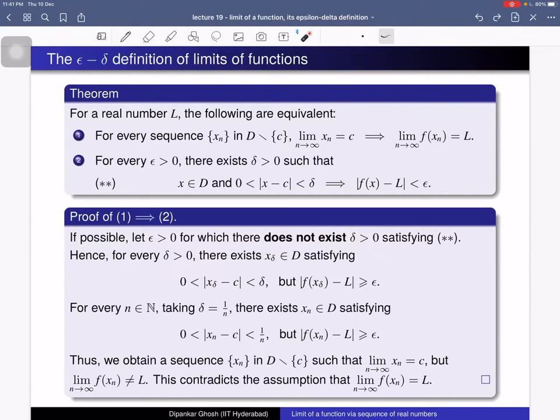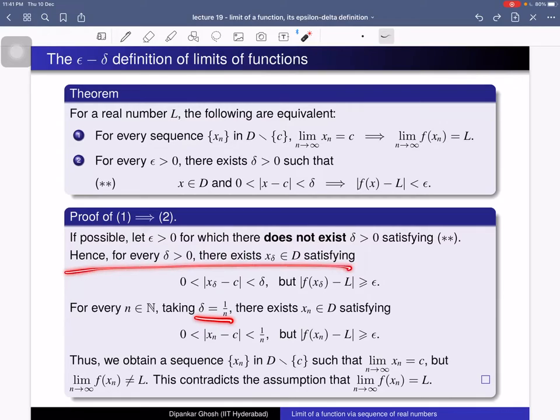So it is a point of this domain, and it is in the deleted delta neighborhood of C, but the function value f of x delta is not in the epsilon neighborhood of L, or in other words this distance is greater than or equal to epsilon.